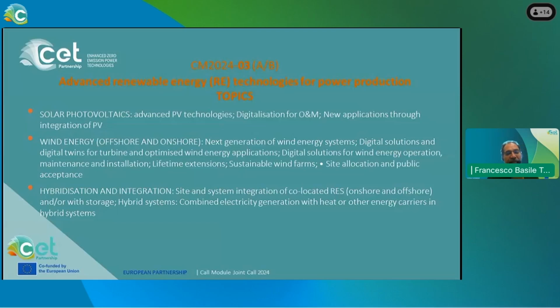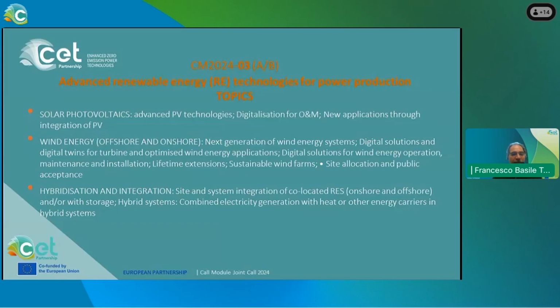Finally, hybridization and integration. It's important to maximize site and system integration by co-locating renewable energy sources onshore and offshore, like agrovoltaics, but also wind and photovoltaics on the same site, ocean and wind, CSP and photovoltaics, or whatever you have in mind.